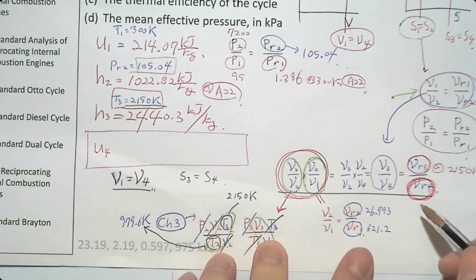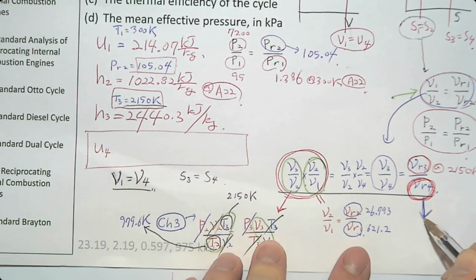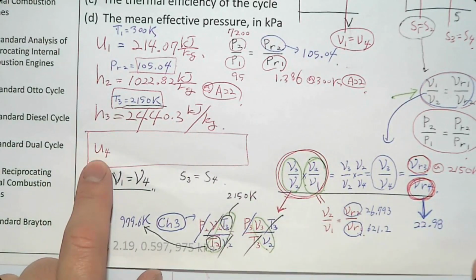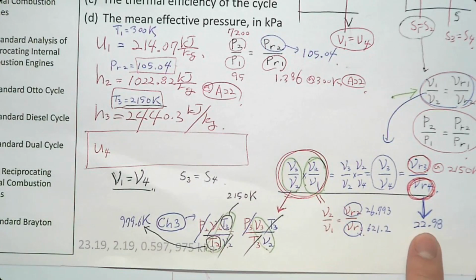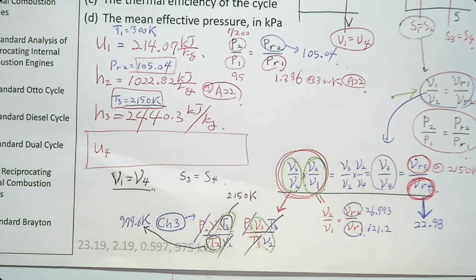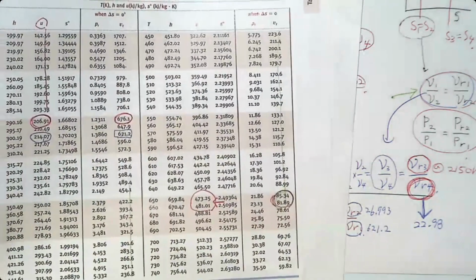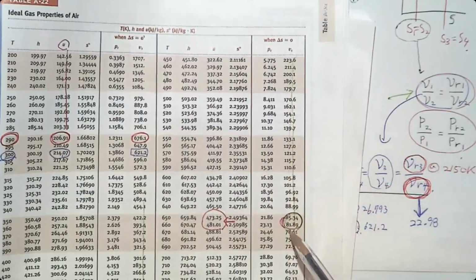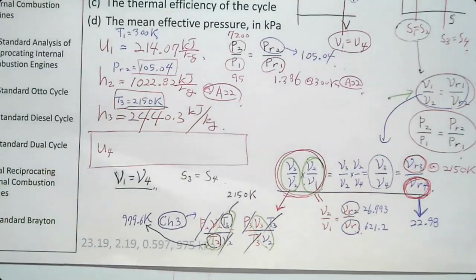If you do the calculation, VR4 is 22.98. So we just need to find U when VR4 is 22.98. So let's go back to this property table and find 22.98. VR is here, 22.98. It's not on this page, so let me go to the next page.